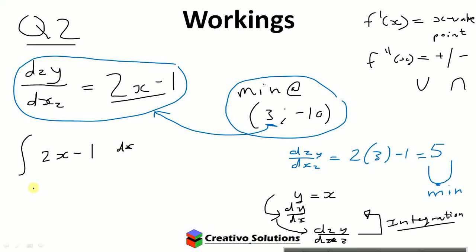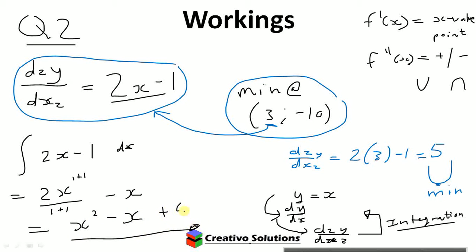What does integration say? Write down 2x to the 1 plus 1, all over 1 plus 1, and I've got a minus 1 here, so then minus x. If I simplify that, 2 over 2 is 1, so x squared minus x plus c.